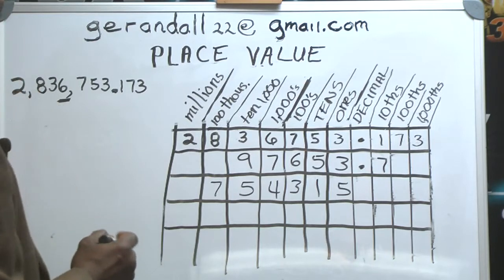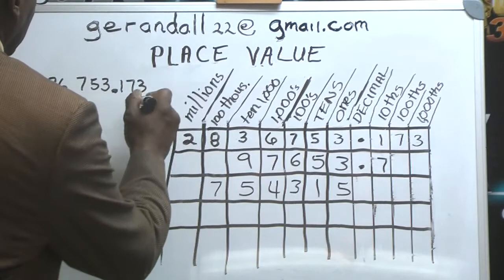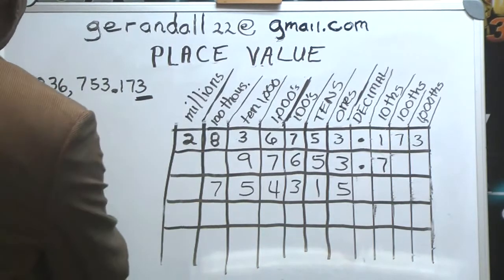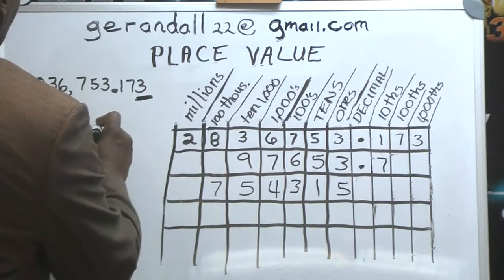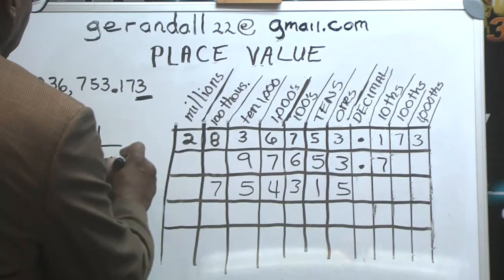And your teacher asks you to just convey this digit here. You would multiply that 3 times 1 over 10,000.